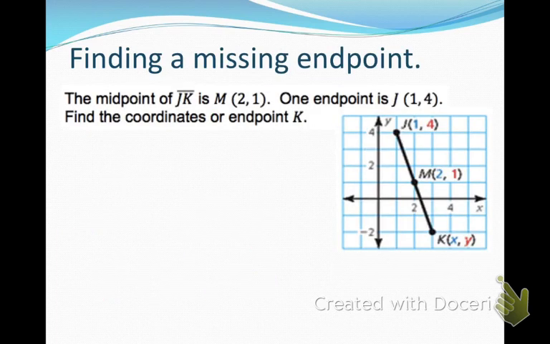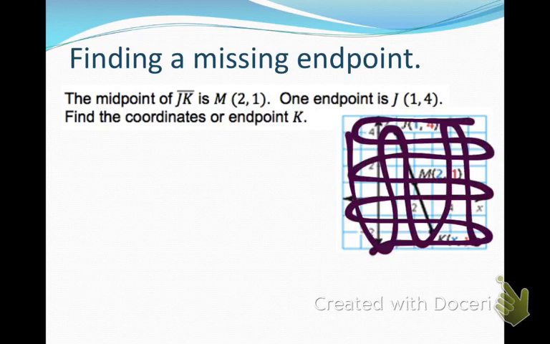Now, what if I have something like this, where I already know the midpoint of segment JK, and that is (2, 1). And I know one of the endpoints is J, which is (1, 4), but I don't know what the other endpoint K is. Now, obviously, I've got a graph here, and I can just look at it, but what if I didn't have that graph?